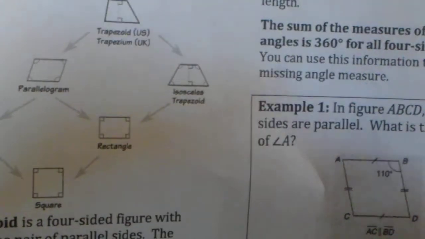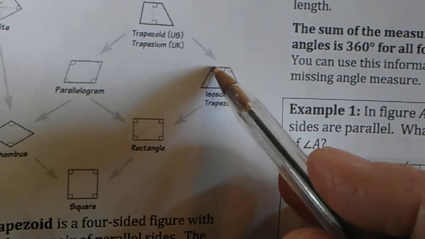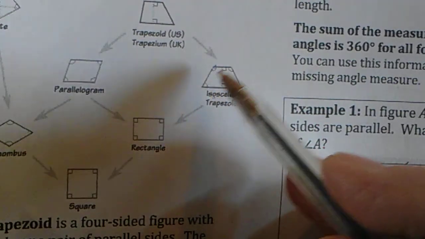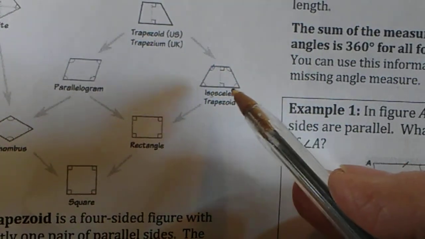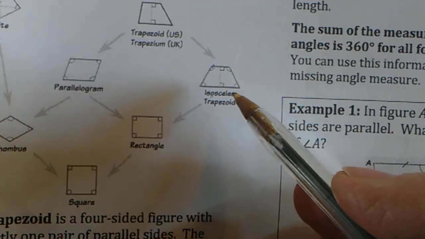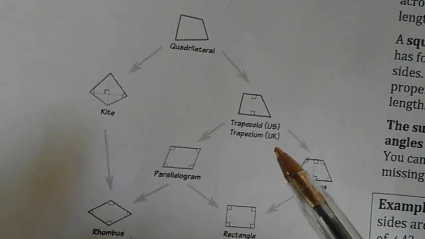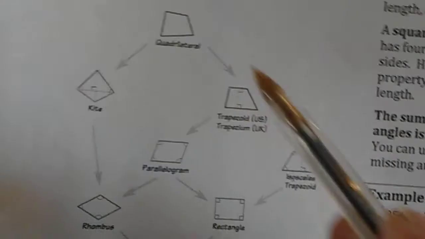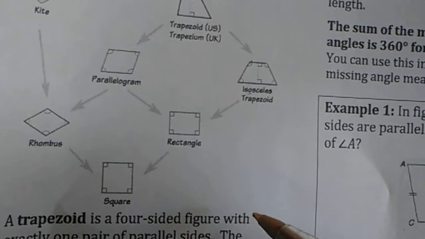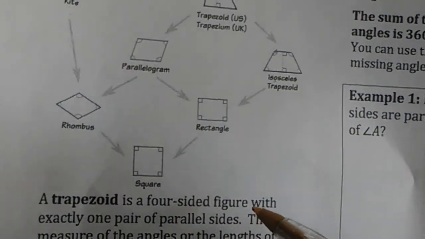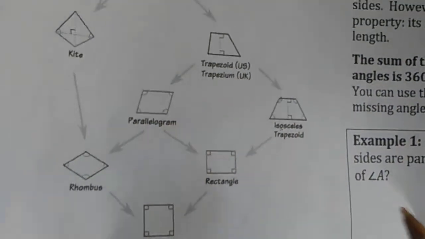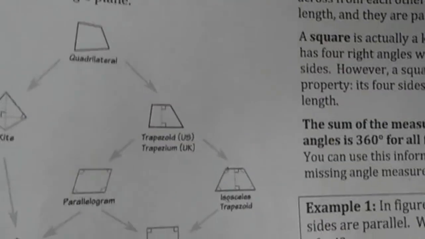Well, if all the sides are different lengths, can it be a trapezoid? A trapezoid can have all different lengths, but it doesn't have to. If they must be different lengths, then I think there's a special name for that. Quadrilateral doesn't apply, since all of them are quadrilaterals. There is a special name for a shape that has all different lengths, but I don't think they put it down here.